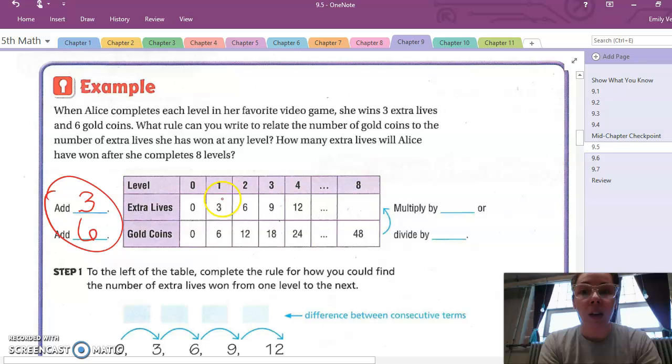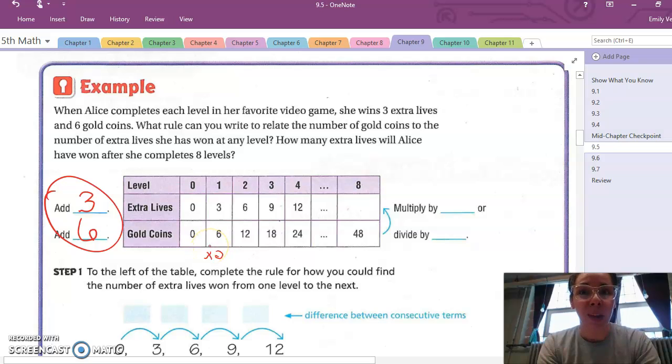If I look at number 1, this first sequence, I go from 3 to 6. What would be the rule if I was multiplying? Multiply by what to get from 3 to 6? If you said times 2, that would be perfect.